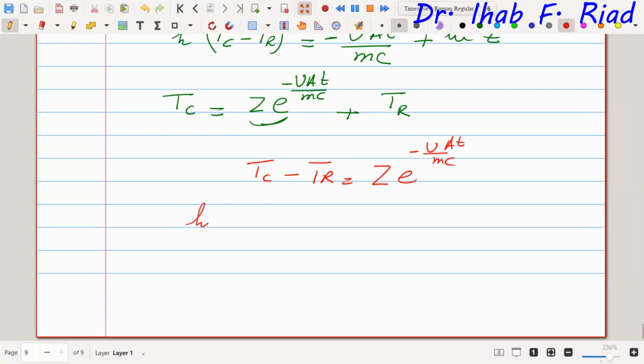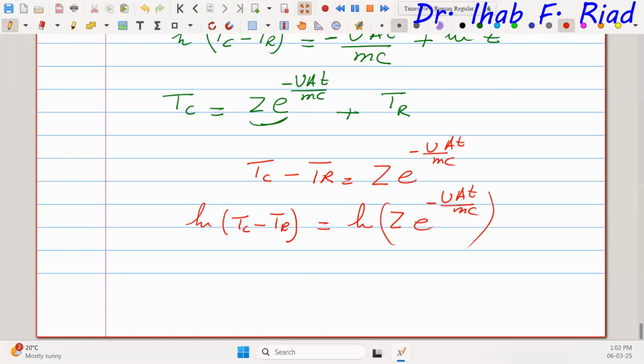So it is ln TC minus TR, this is one side, equal ln of both of them. Ln for both sides at the same time.